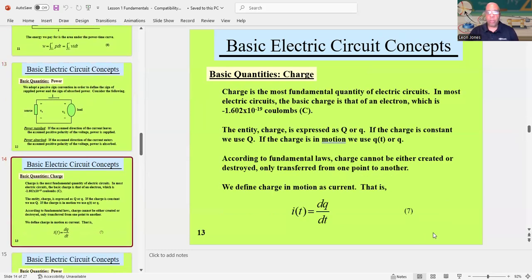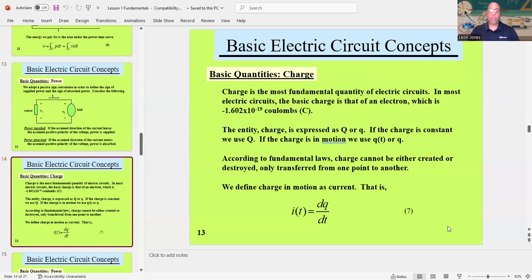Also, we deal with charge. Charge is the most fundamental quantity of electrical circuits. In most electrical circuits, the basic charge is that of an electron, which is negative 1.602 times 10 to the negative 19th coulombs. And there's a formula for that.